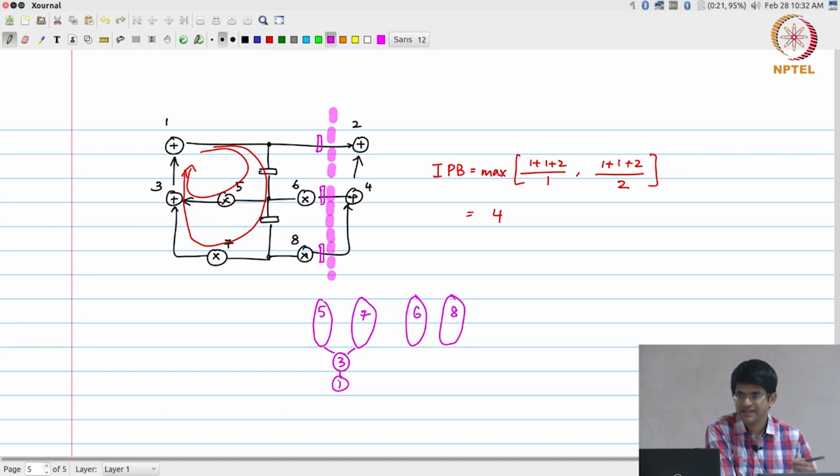So that edge has been broken as far as this scheduling is concerned. I do not need to draw an edge from 1 to 2. The outputs of 6 and 8 are not being used in this iteration, they are going into delay elements. And what I have then is 4, whose output is then used by 2.